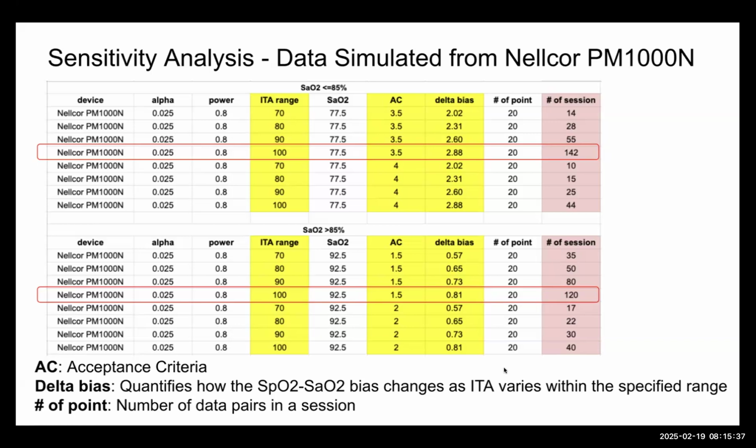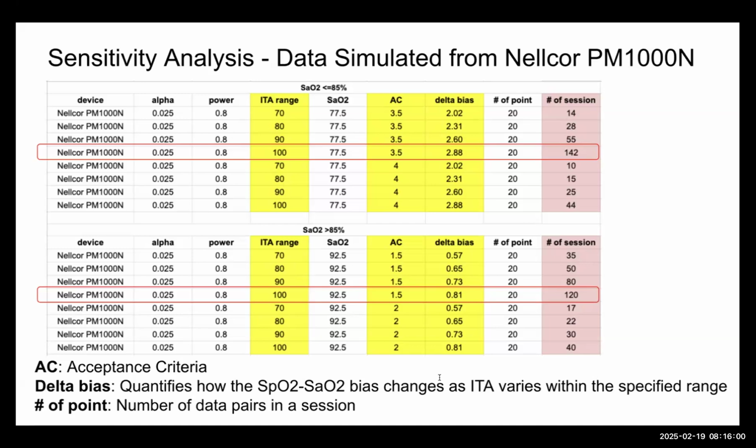And the next column is delta bias, which quantifies how the SpO2 minus SaO2 bias changes as ITA varies within the specified range. And the last column highlighted in red shows the estimated sample size for each row of conditions.